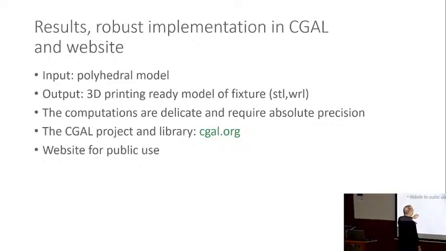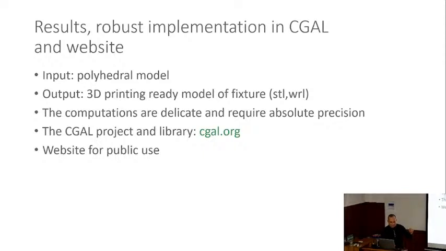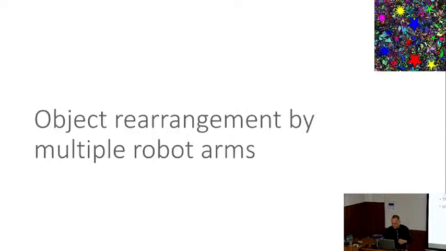And not every software can do it, but fortunately, the computational geometry community has the CGAL library, which is actually accessible to everybody, and you can do it with the absolute precision of the CGAL library.